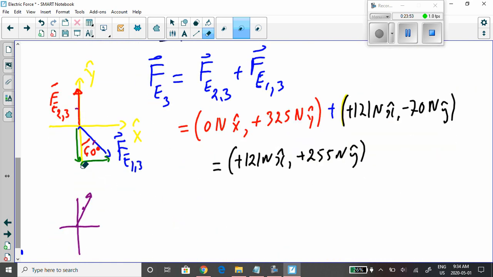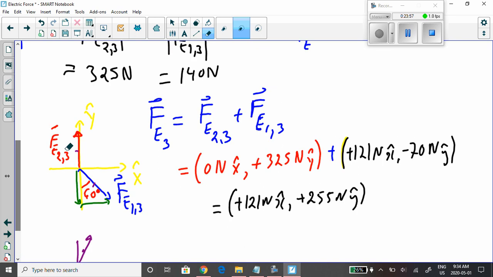So if I know that's 60 degrees in here, and I know the magnitude of this is 140 newtons along the hypotenuse, I can use that 60 degrees to find the y component and the x component of this electric force. I know you all know how to do that. I take a look at the x component. Look, it's positive.